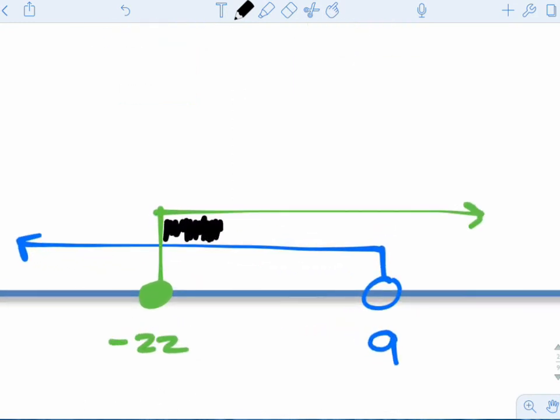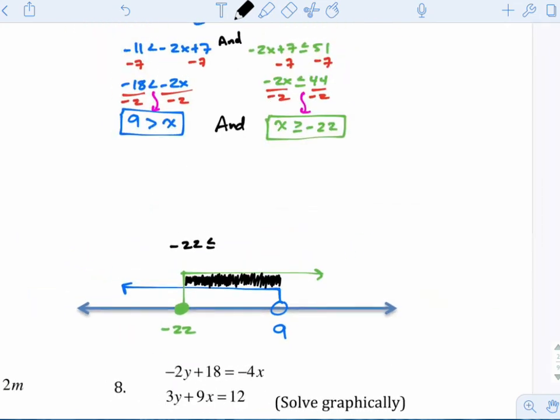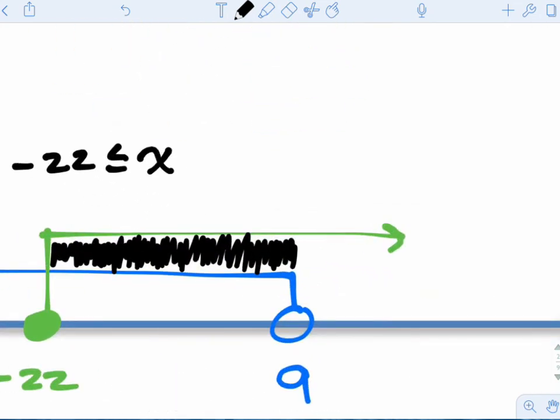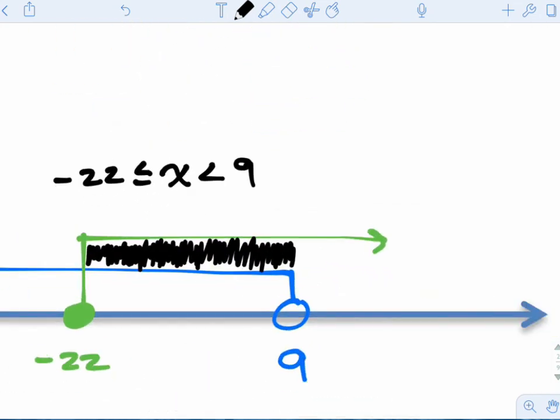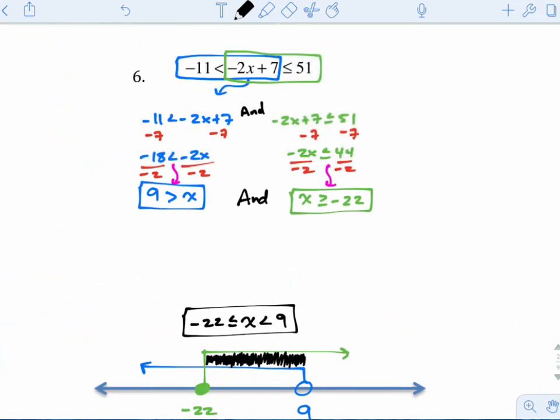So we definitely want to graph our solution set, make it very clear to the reader what numbers are solutions, but then we also must state our solution set. And in this case, solutions are all numbers such that negative 22 is less than or equal to x, which is less than 9. So we get a kind of funky compound inequality statement as a solution set to our funky compound inequality question to begin with.